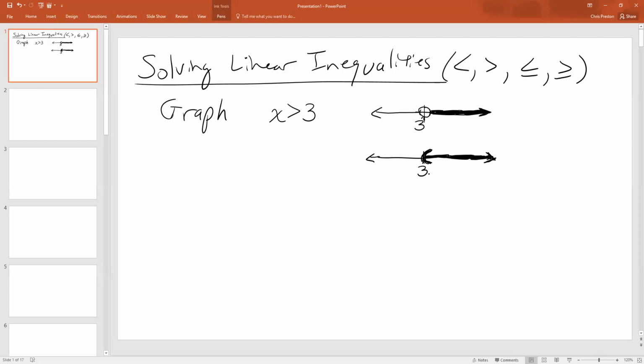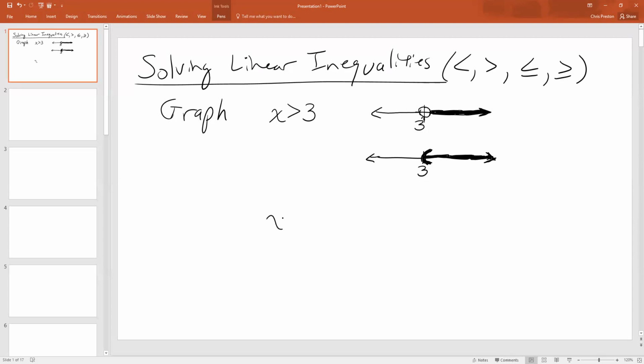Think of this as like a flexible shape. You can get close to it, 3.1, 3.01, 3.001, but you can't actually touch 3. It always will flex away from you. And so that is how you indicate it if you want to use that type of notation. But again, you can use open circle if you'd rather do that.